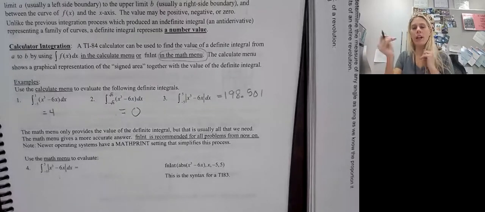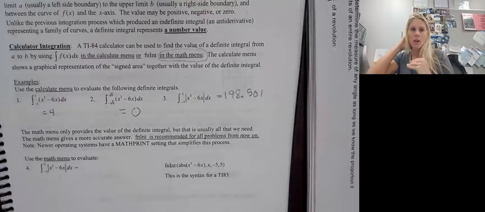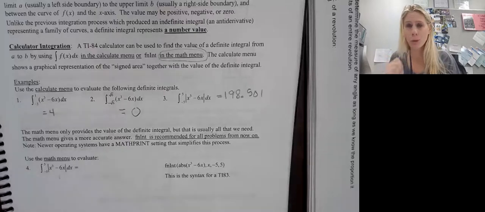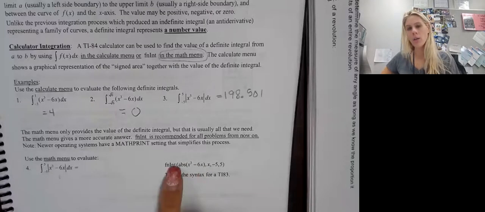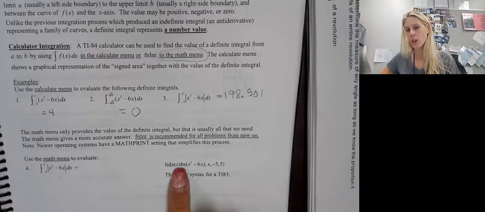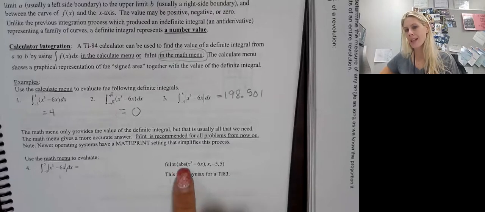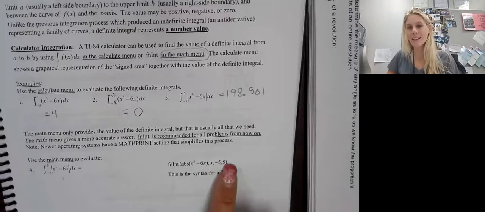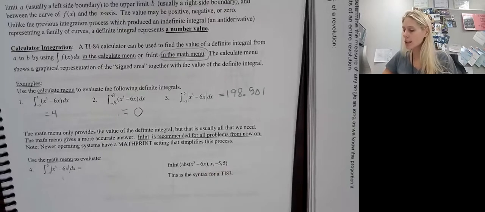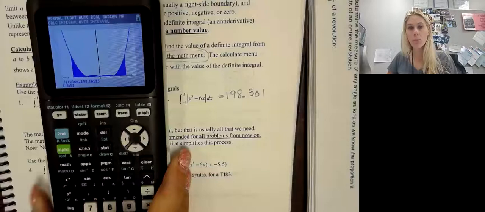But think of the area between the x-axis and the curve. First of all, if you are working with a TI 83 or below, which I've asked you multiple times, please don't, please go to an upper one. When you do your integral, you're going to set it up with your commas where an X is, and then our lower boundary and upper boundary. But for those of you with TI 84s and above, we're going to do this the math way, which is more accurate.